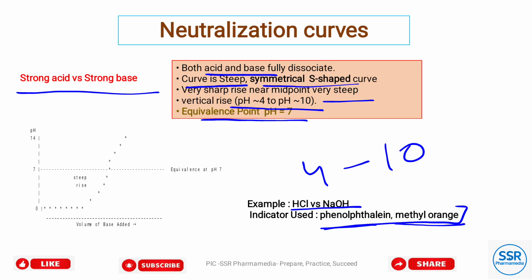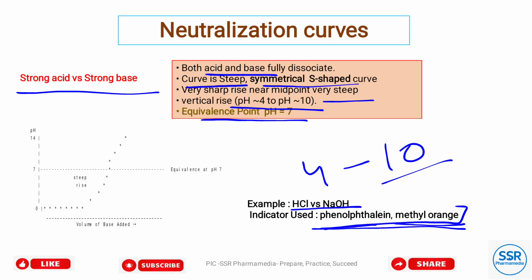Methyl orange changes at about 4.4, and phenolphthalein at pH 8 to 10. Because the pH changes in this titration from 4 to 10, we use these two as indicators.